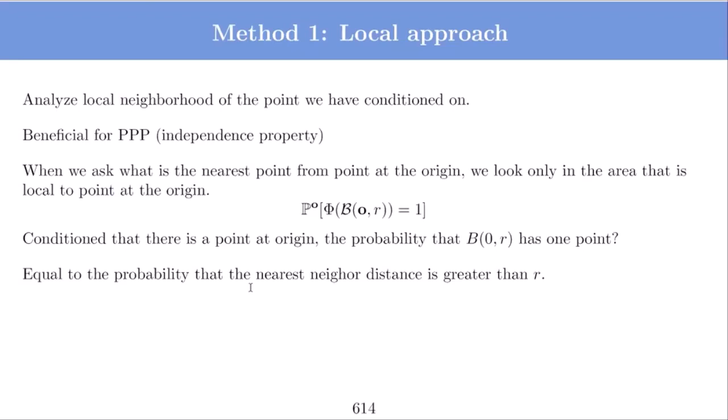This is beneficial for the Poisson point process because we have the area independence property, and the point independence property also. When we ask what is the nearest point from the point at the origin, we look only in the area that is local to the point at the origin. So basically I want to ask, conditioned on a point at the origin, the probability that B_0 has one point, and this is equal to the nearest neighbor distance we are interested in.